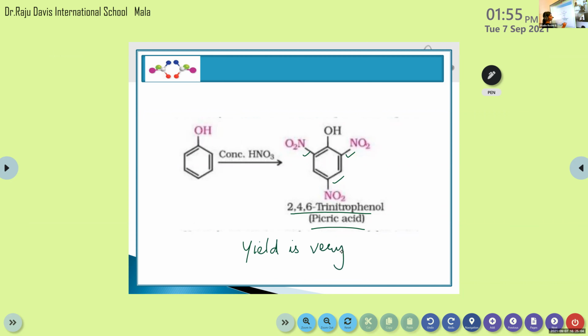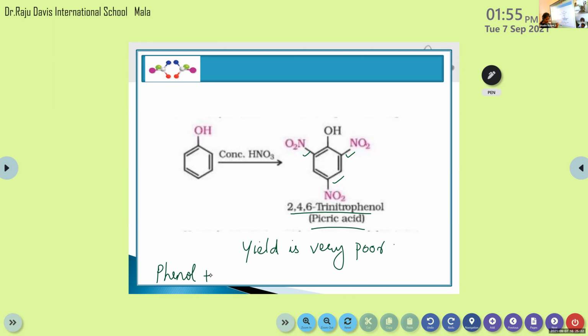Very small amount of product will be obtained. So the main method of producing picric acid: first we convert phenol by treating it with sulfuric acid. This is the actual method of manufacturing of picric acid.